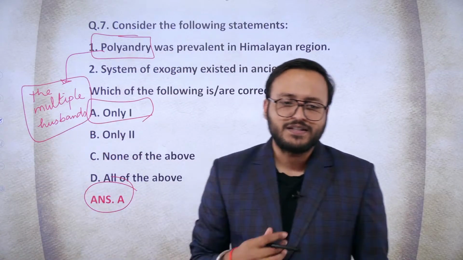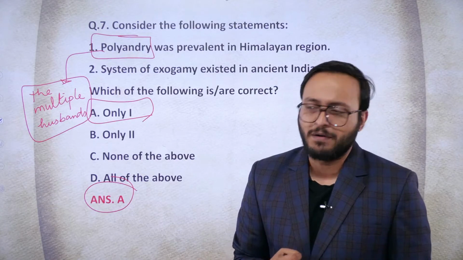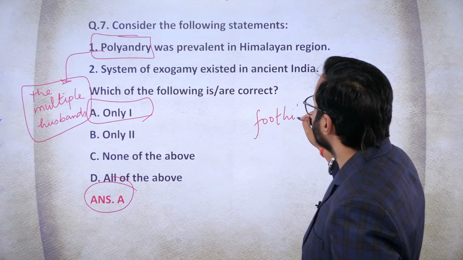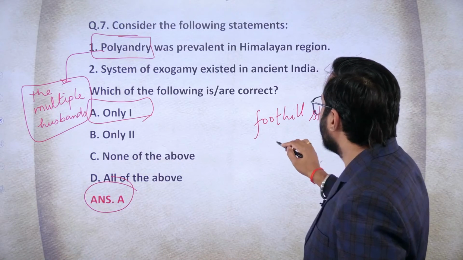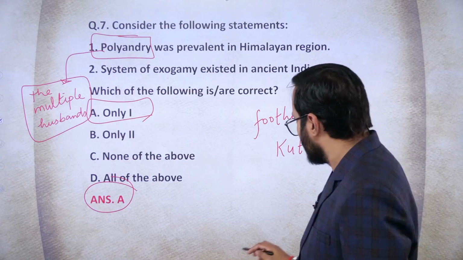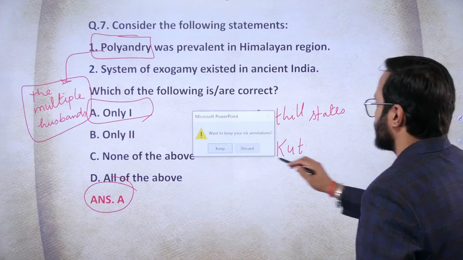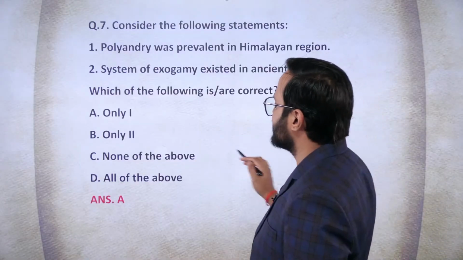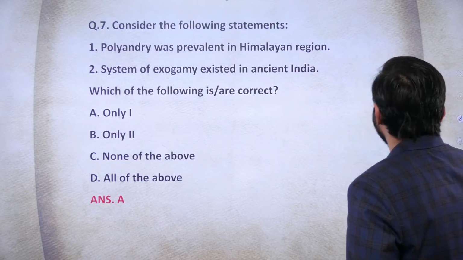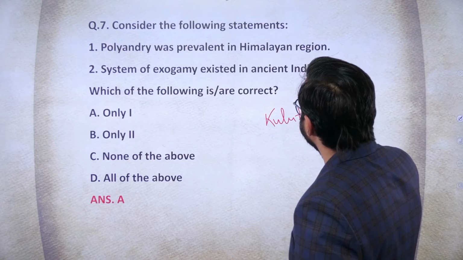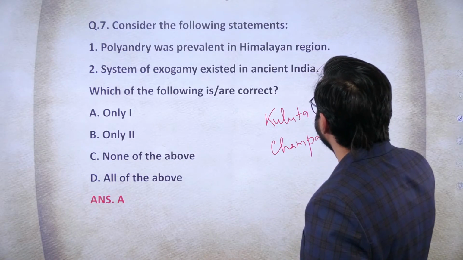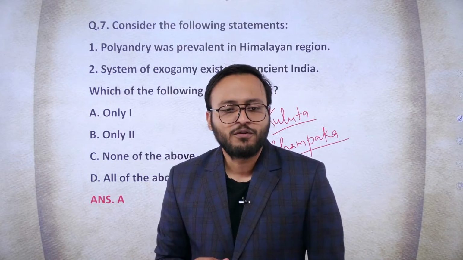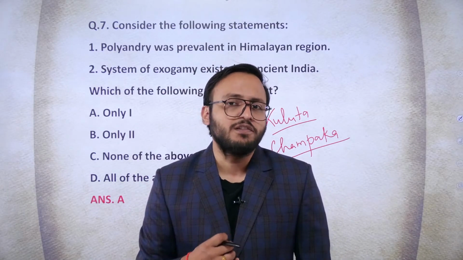So in the Himalayan states or in the foothills of the Himalayan region, particularly, let me tell you some of the Himalayan foothill states like Kuluta and Champaka, these states existed in the Himalayan foothills and they had the traditions of polyandry.